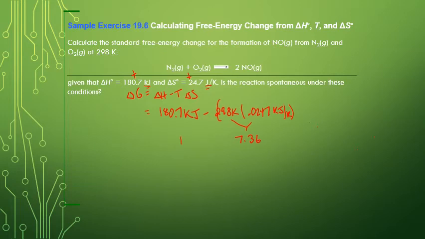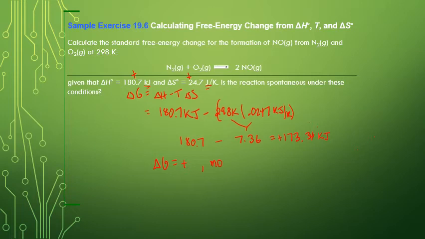So if I took 180.7 and subtracted 7.36, that will give me 173.34 kilojoules. And notice that is a positive value. So since delta G is a positive, it would be an unfavorable process.